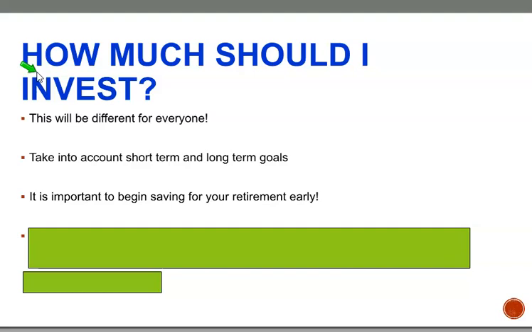Also within that budget is hopefully enough money that you can put into savings or invest in an aggressive account. So, how much should you invest? It's going to be different for everyone.